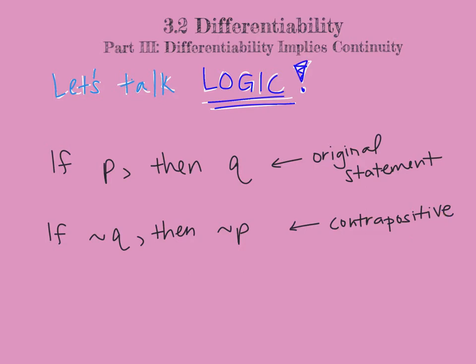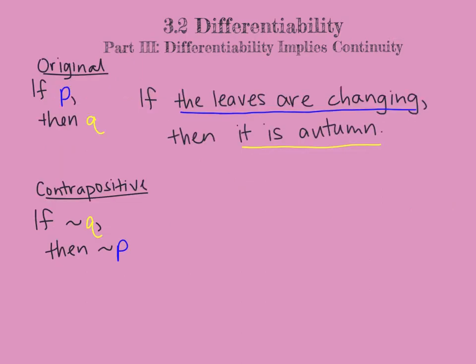Let's look at an example and give P and Q meaning. I have come up with an original statement that is true. If the leaves are changing, then it is autumn. This is an if P, then Q logical statement. Since this is true, that means its contrapositive would also be true.